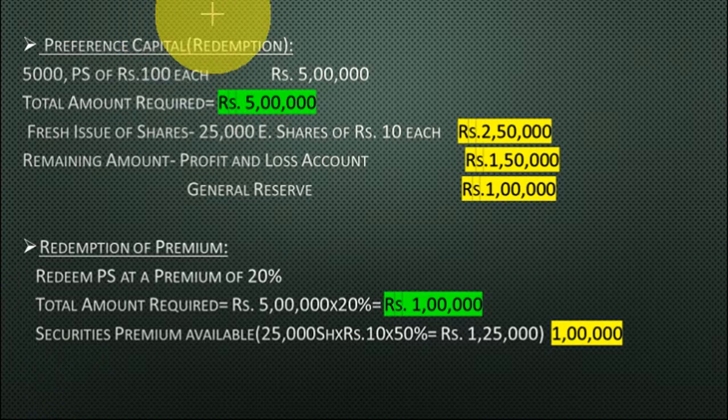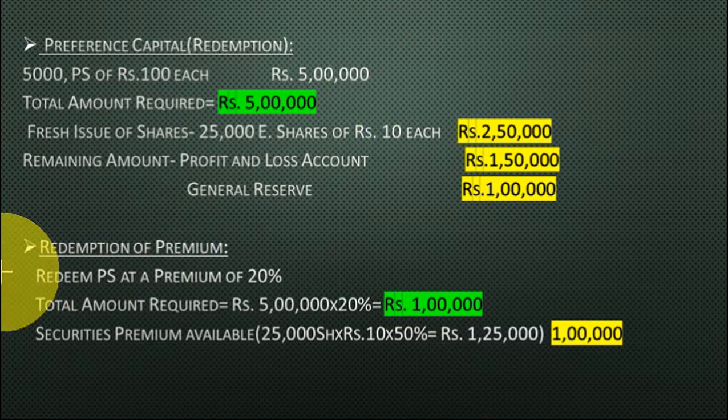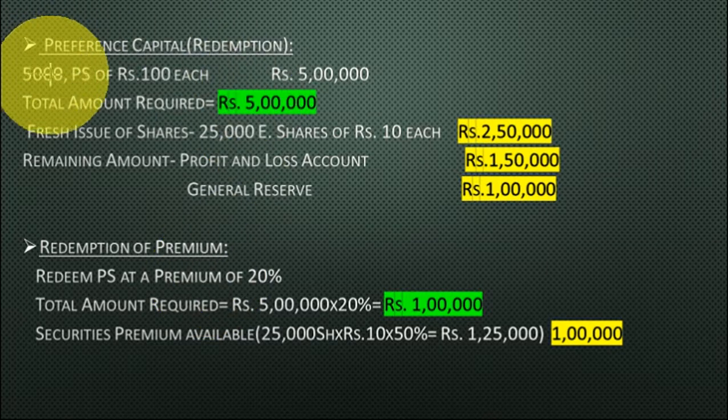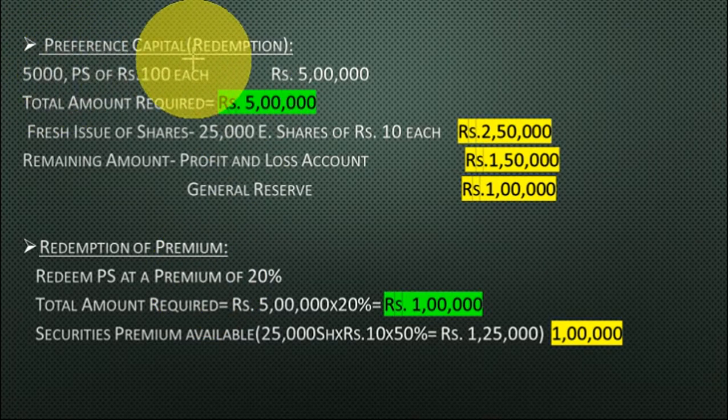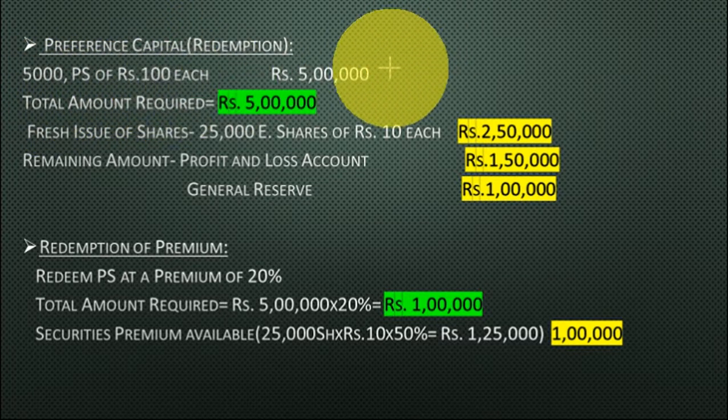First thing I told you, we have to redeem the preference shares. So preference capital we have to redeem, and redemption premium also we have to calculate, because the preference shares are redeemed at premium. So we have to return back the preference capital. What is the preference capital? 5,000 preference shares of rupees 100 each. That is 5 lakh, right? So don't take how much is paid up. They have given 4 lakh.